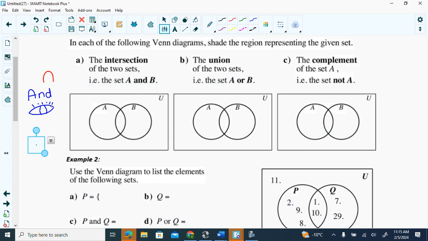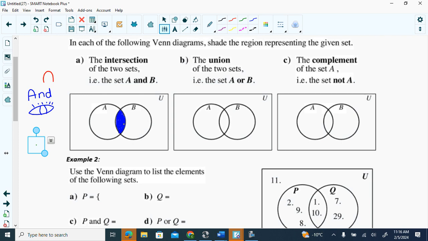Correct? So you're going to shade in here. So if I ever ask you for the and, it's the eyeball in between. Your highlighter will do this substantially faster than my little tiny pen. I'm going to switch to a highlighter the next one.